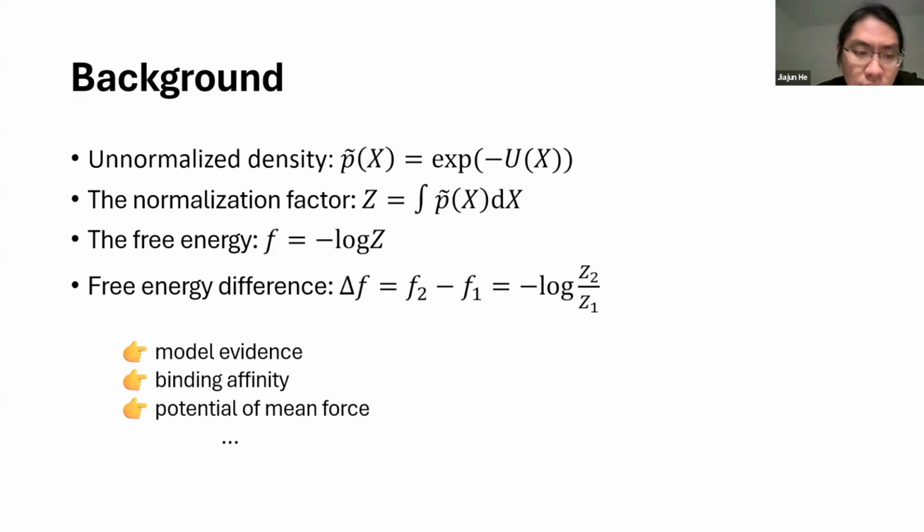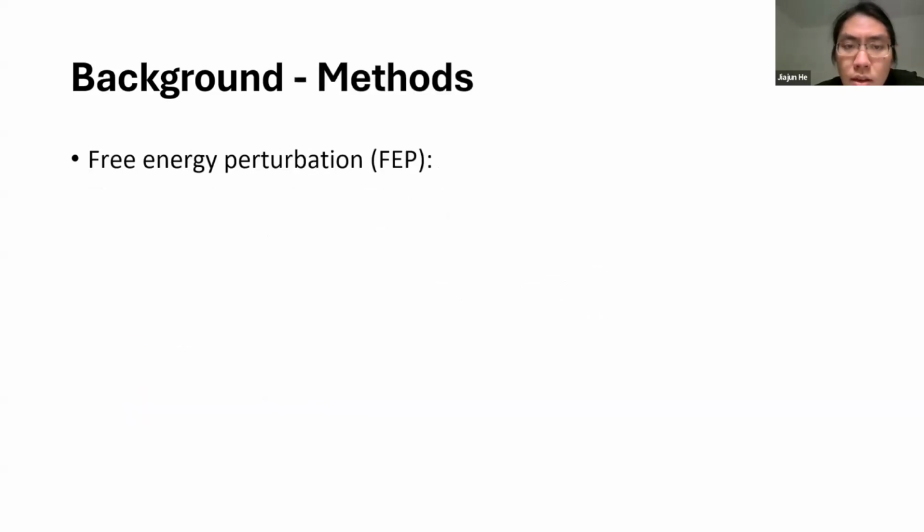In classical Bayesian inference, we know there is a term model evidence, which reflects how well the model captured the data. And that thing is just free energy, actually. Or actually, it's a normalization factor. And also in biology, in molecules, it's like binding affinity. And also in molecular simulation, we care about the potential of mean force, which is also the free energy surface.